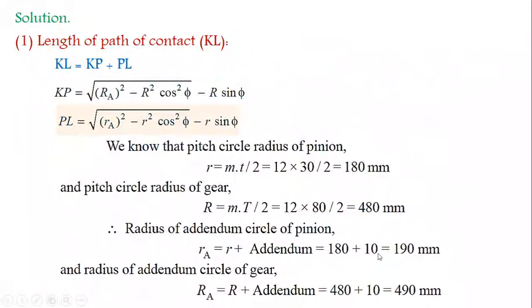We apply the values and we get small RA and capital RA. Now we have found small RA and capital RA, so we can easily find KP and PL. We apply these values into the formulas and we get KP and PL.